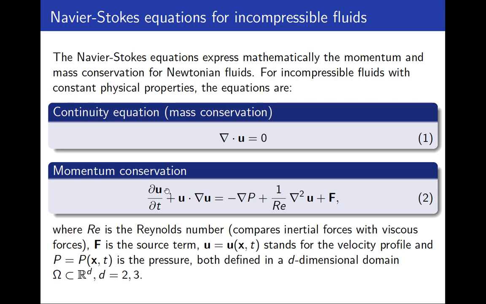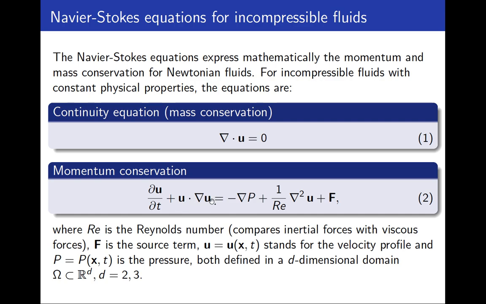So on the left hand side of the equation, we have two derivatives, two accelerations. The first one is the temporal derivative, which is just the derivative of the velocity with respect to time. And then we have a spatial derivative, which is the convective term.